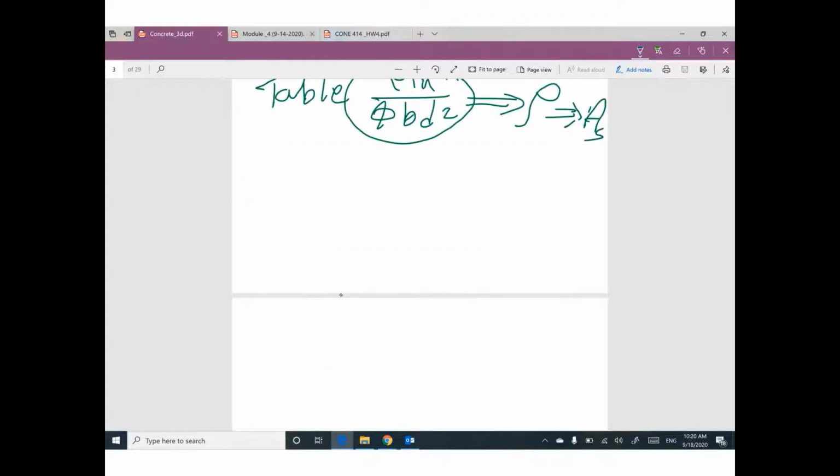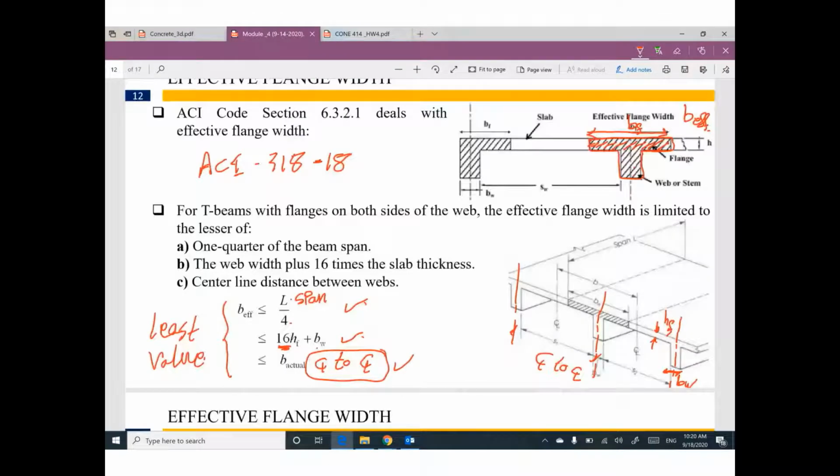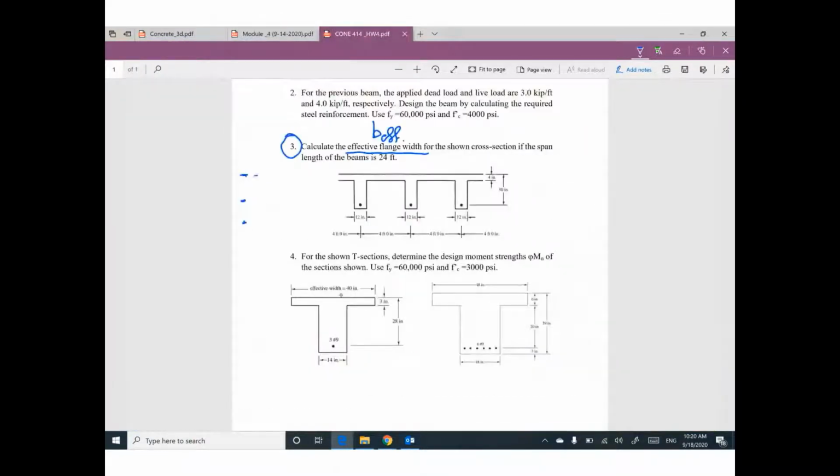Span divided by 4. What is the span of this beam? 24 feet, divided by 4. Please multiply the feet by 12 to get inches. So this value will be 24 times 12 divided by 4, equal to 72 inch.